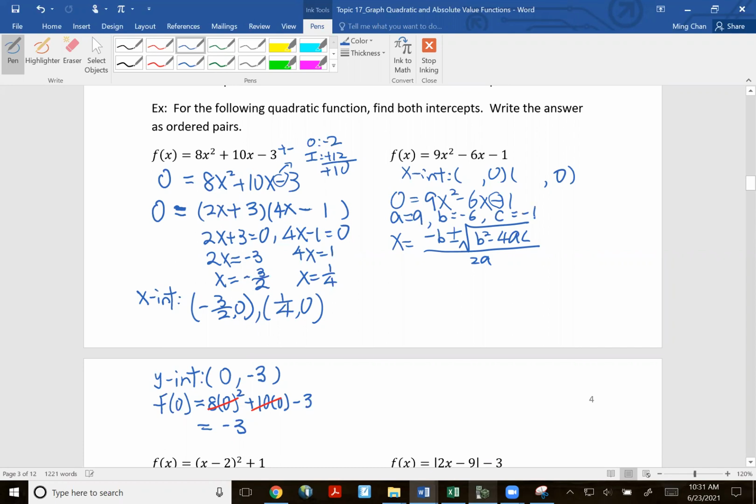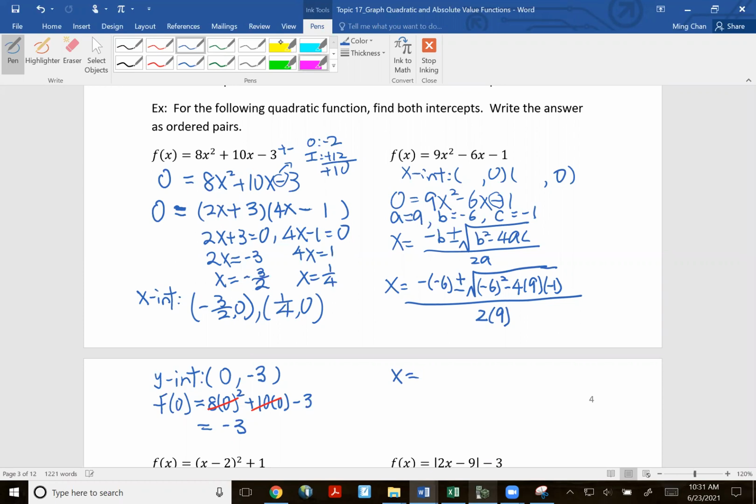Coefficient c is -1. All right, all I'm going to do is substitute my coefficients. So x should equal -b, that'll be -(-6), plus or minus the square root of (-6) squared minus 4 times my a, 9, times my c, -1, whole thing over 2 times my a, which is 9.